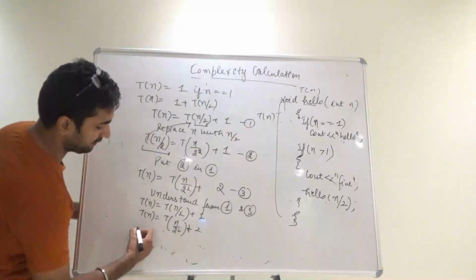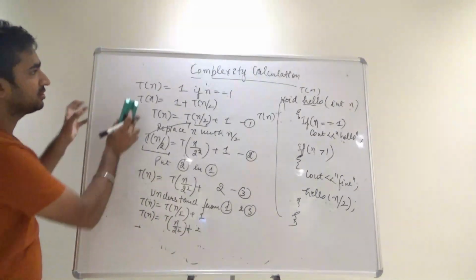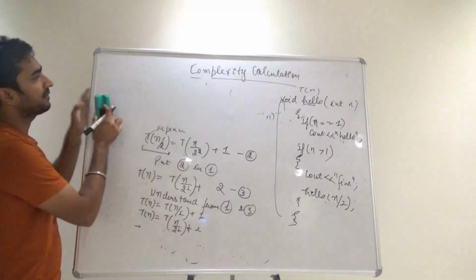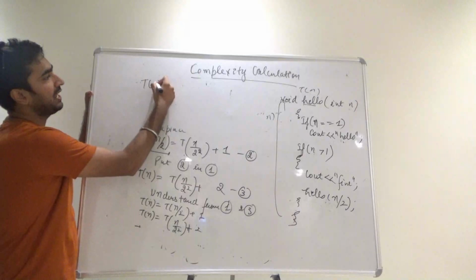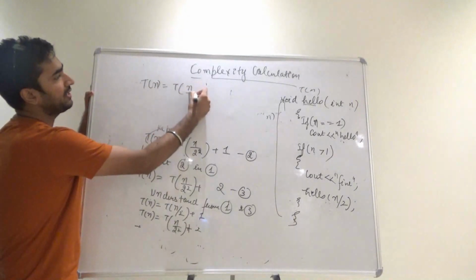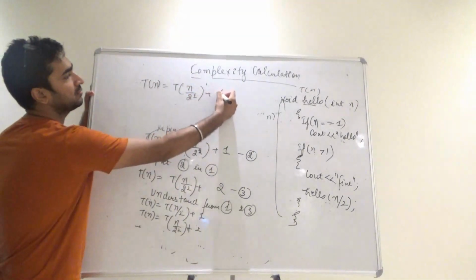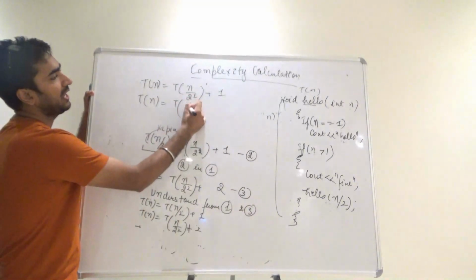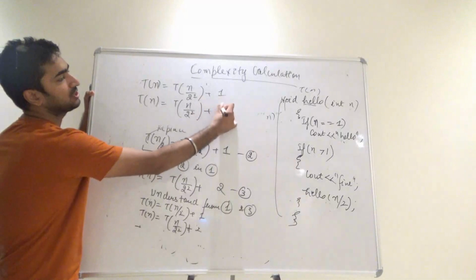So, it means if this recursion works, clearly I am writing like this: T of n is equal to T of n by 2 power 1 plus 1, and T of n as T of n by 2 square plus 2.